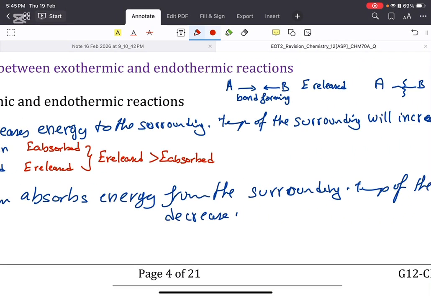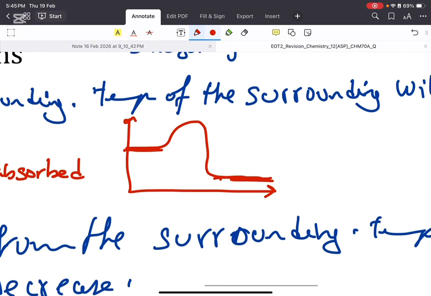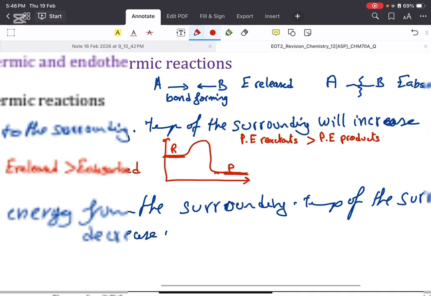That's what it says. And if I draw a diagram, here's the exothermic. You see, the products will have lower potential energy. Look at the level of the line. They are more stable. And the reactants have higher potential energy. So here I have reactants, here I have products. So the potential energy of reactants in exothermic is higher than the potential energy of products. That's first.